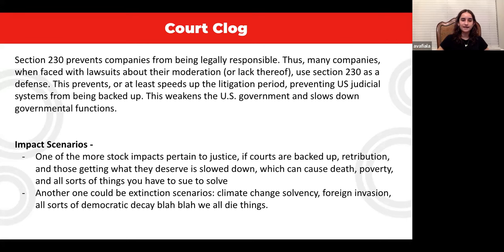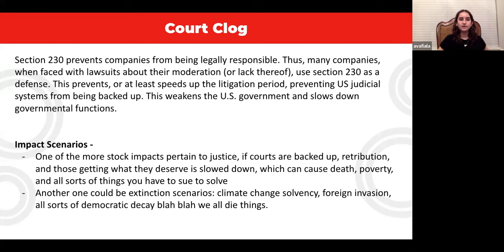Another one could be any extinction scenario. You can pretty much link anything to extinction in PF, but the one thing here is climate change solvency. The judicial system is really important for climate change solvency, and we need it because if we want to have different climate policies moving forward, we need the court to help with that. And same with anything for foreign invasions and democratic decay. We all need the judicial system for that.